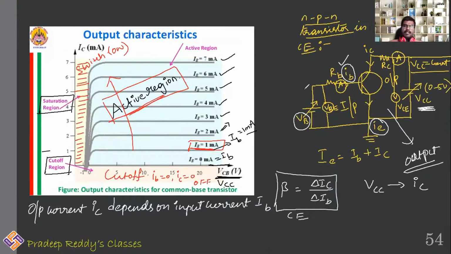So in order to operate a junction transistor as an amplifier, you should definitely operate it in the active region. You can make a junction transistor active by increasing this VB and increasing this VC. Increasing VB increases IB, increasing IB increases IC. Therefore, a junction transistor's output characteristics are classified into three different regions in the graph: the saturation region, the active region, and the cutoff region.